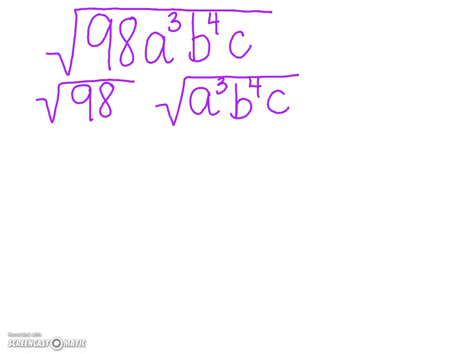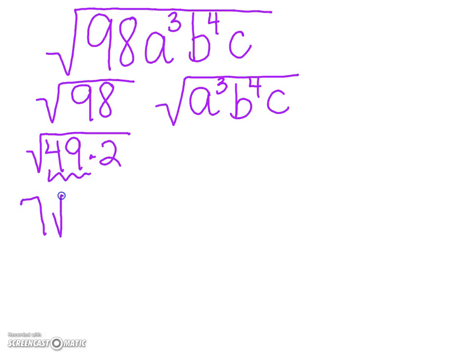Now, when you're looking at 98, you're probably thinking 4, but I'm going to think larger. And I know that half of 98 is 49. So I'm going to do 49 times 2, because 49 is a perfect square. So the square root of 49 is 7. 7 comes out, and the 2 stays under the radical.